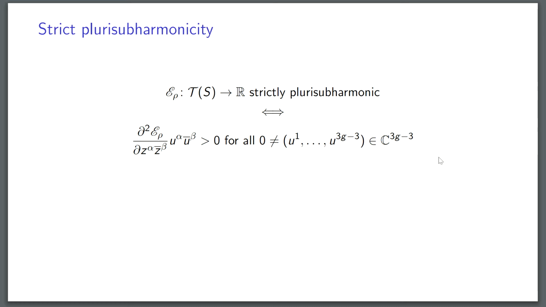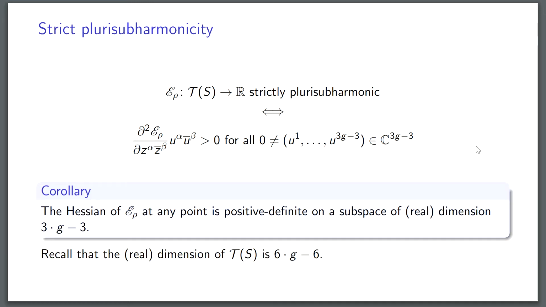And the corollary of our previous theorem can be given as follows. It follows that the Hessian, and I'm talking here about the real Hessian of the energy functional, is actually positive definite on a subspace of real dimension 3g minus 3. And this holds at any point in Teichmüller space.